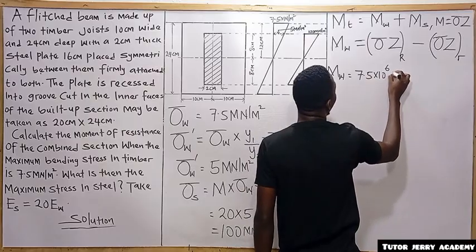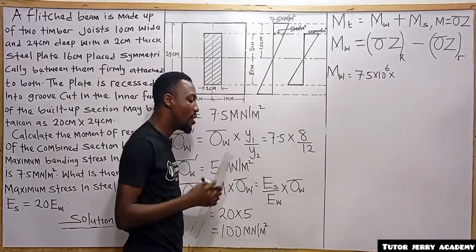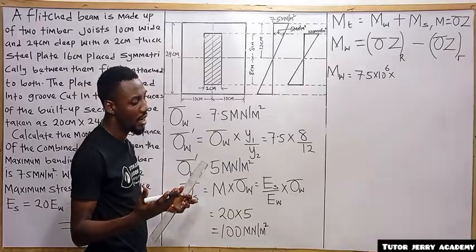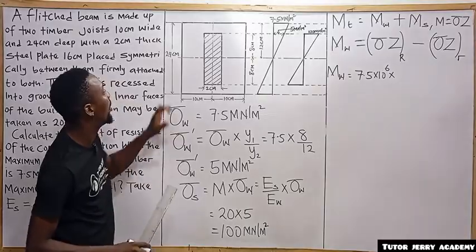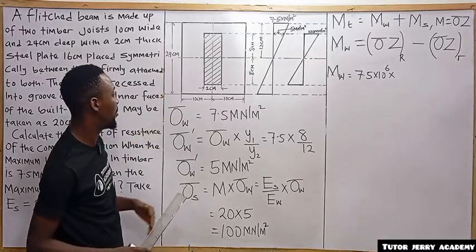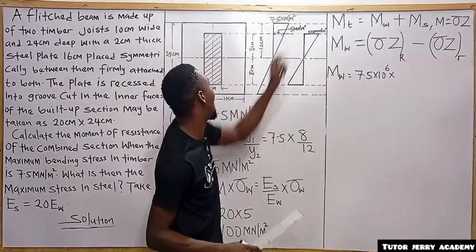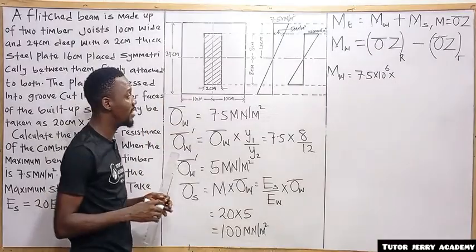Multiplied by the section modulus of the rectangular section. Section modulus is nothing but BD squared divided by 6, right? The base is 20, while the depth is 24. But don't forget our stress unit is in meter and this one is in centimeter, so we divide by 100.